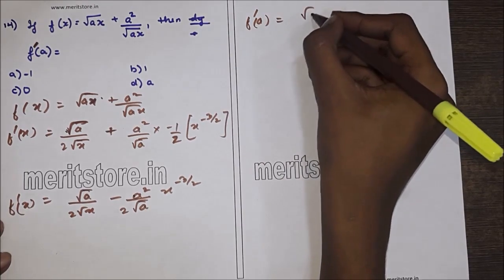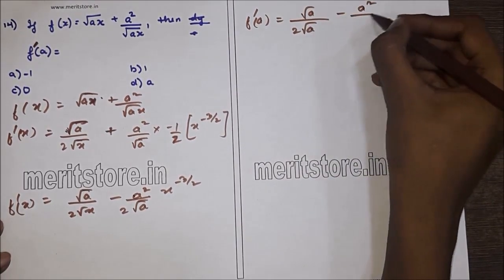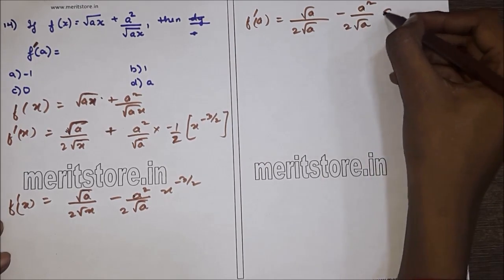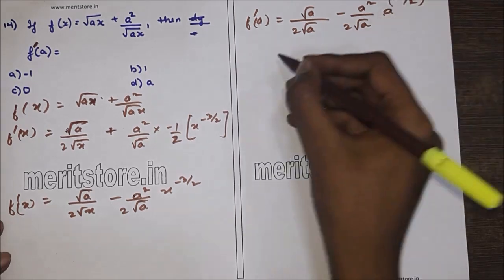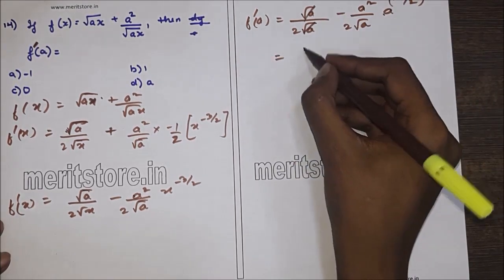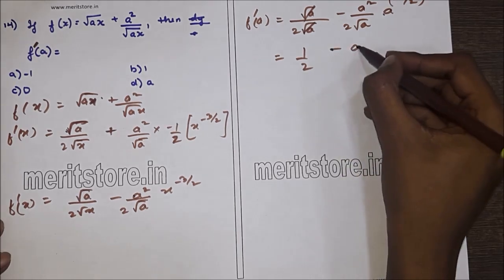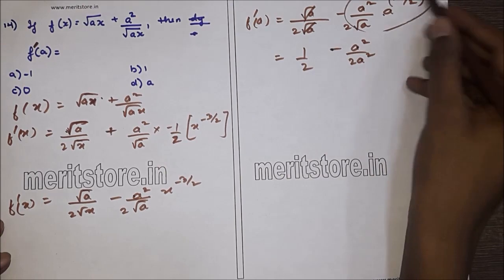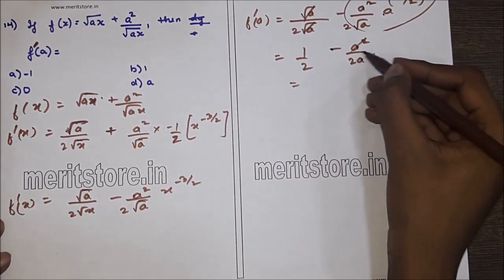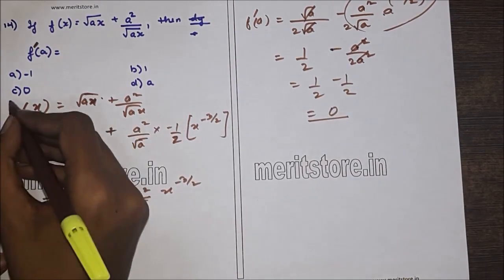So we get root a upon 2 root a minus a square upon 2 root a into a raised to minus 3 by 2. So this is half, and this also gives us a square by 2a square. We simplify this expression. So a square gets cancelled. We are left with half minus half, which is equal to 0, which is option C.